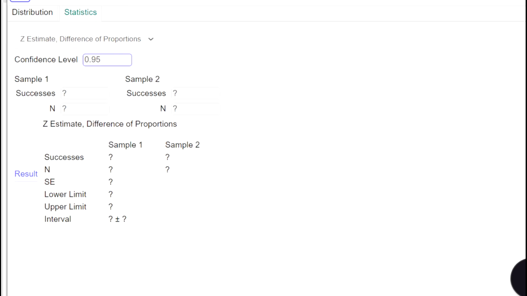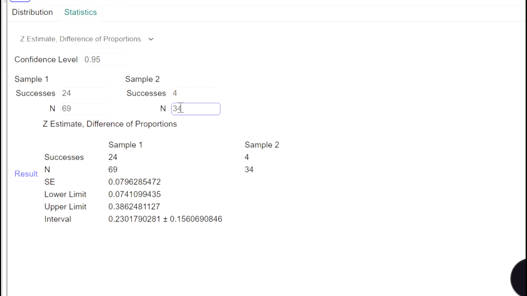So we come to here in our GeoGebra, and our successes again were 24 out of 69, and for sample 2, those who did not receive the transplant, it was 4 out of 34.